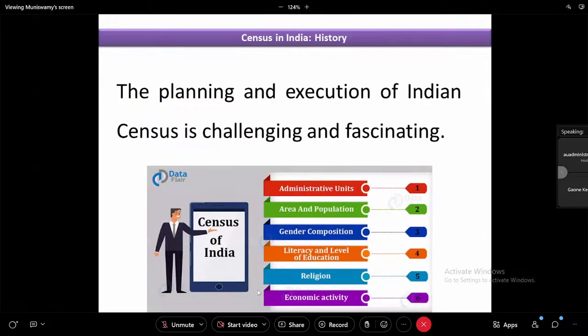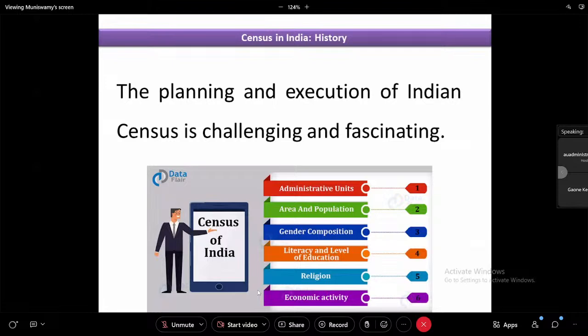In census surveys, the planning and execution of the Indian census is challenging. I am giving one example of the problems and challenges we face. First, administrative units: we have so many, like defense, home, science and technology, social justice.